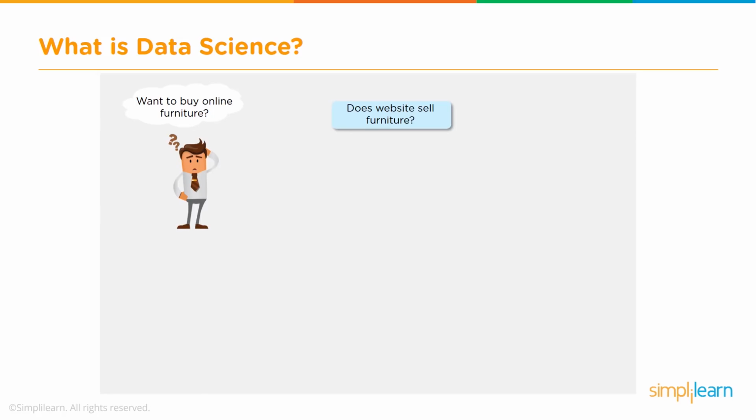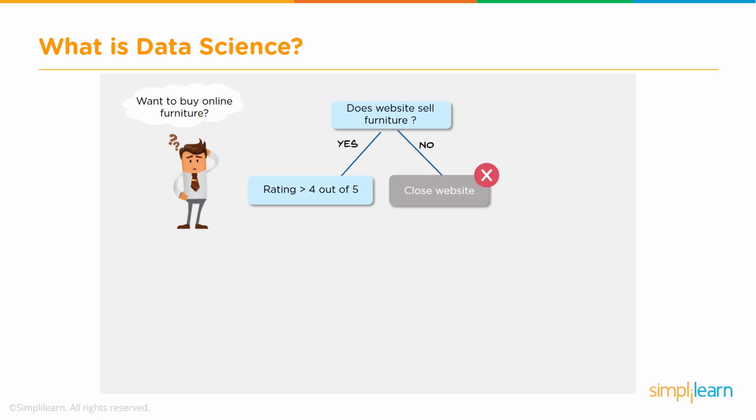So once we have multiple websites, you discard all the websites which don't sell furniture and you stick to those websites which sell furniture. Now, within that, we try to find out the ratings of these websites. If the rating is high, that means they are reliable, the quality probably is good, and so on.